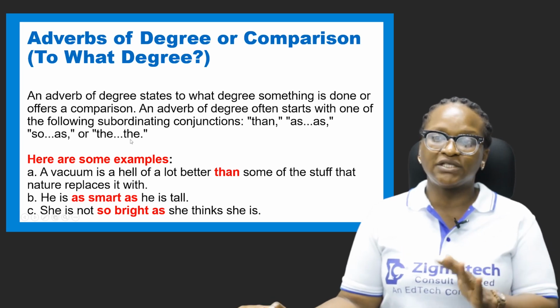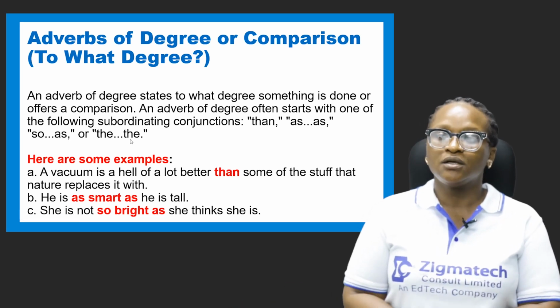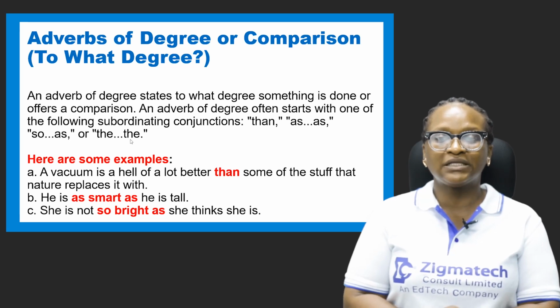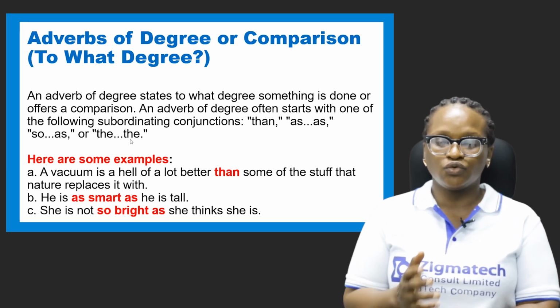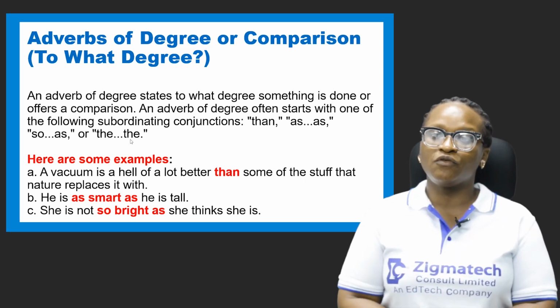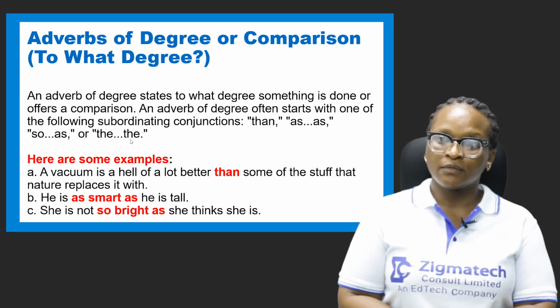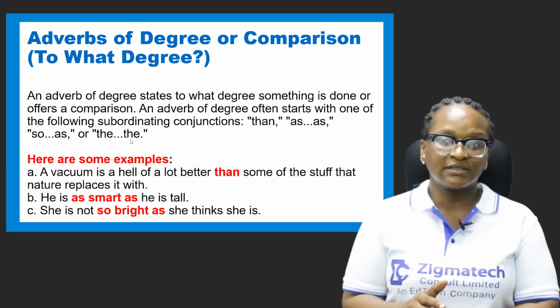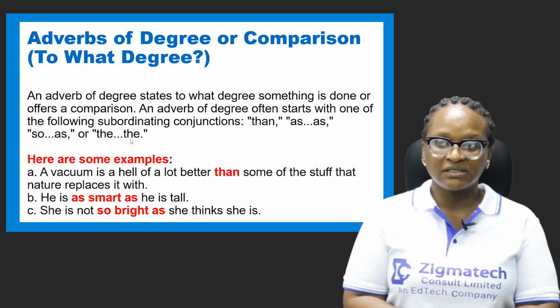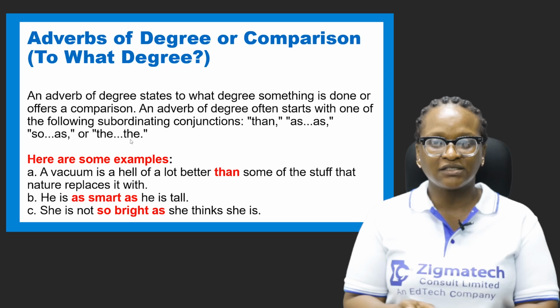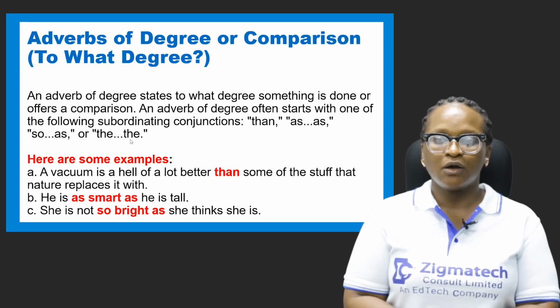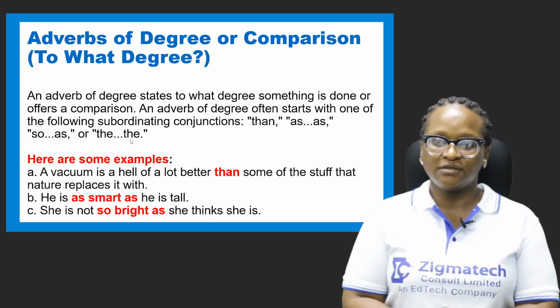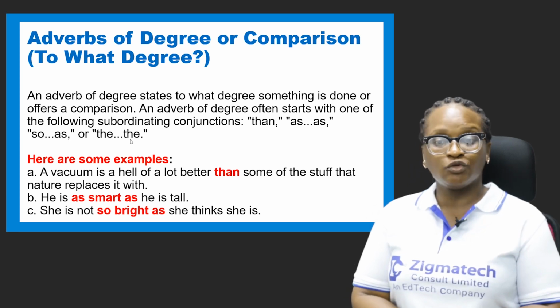It says an adverb of degree states to what degree something is done or offers a comparison. It states to what degree, or it offers a comparison. An adverb of degree often starts with one of the following subordinating conjunctions: than, as, so as, or the and the. All right. So here are some examples.